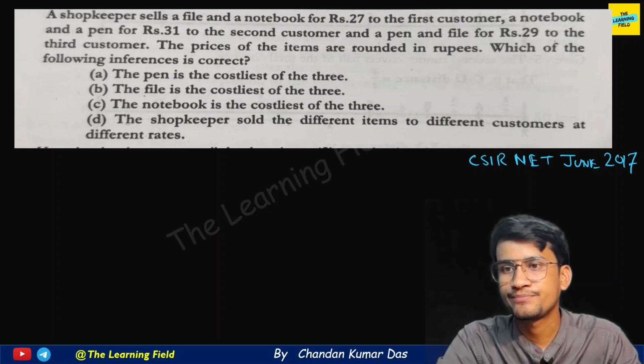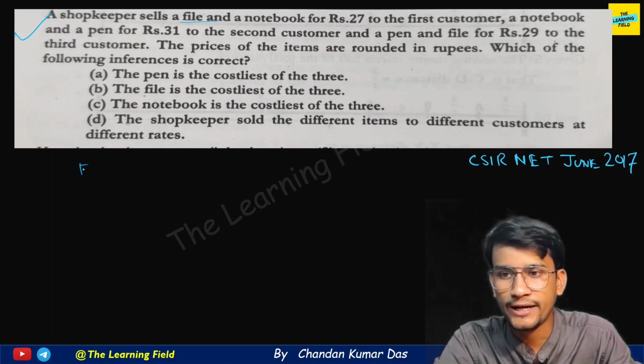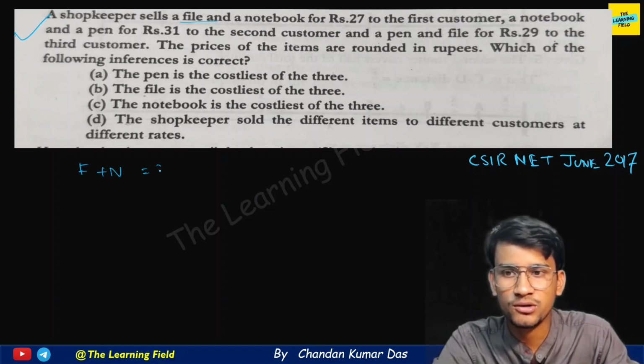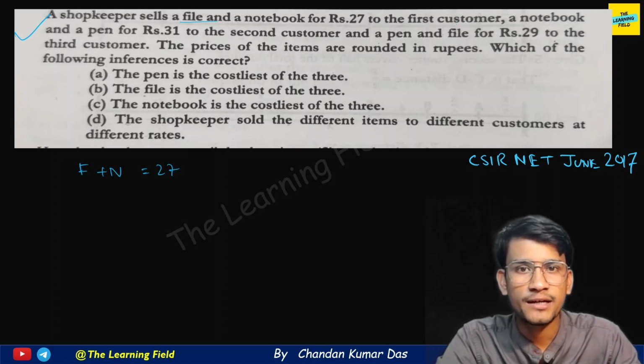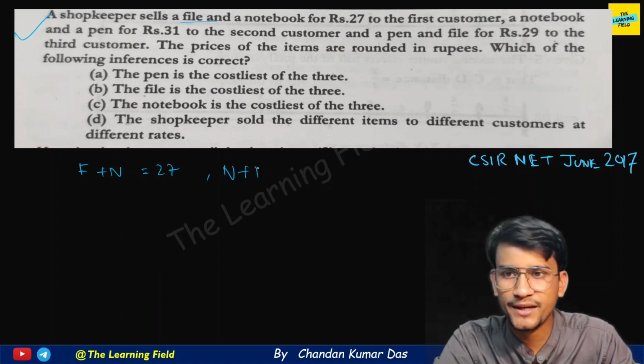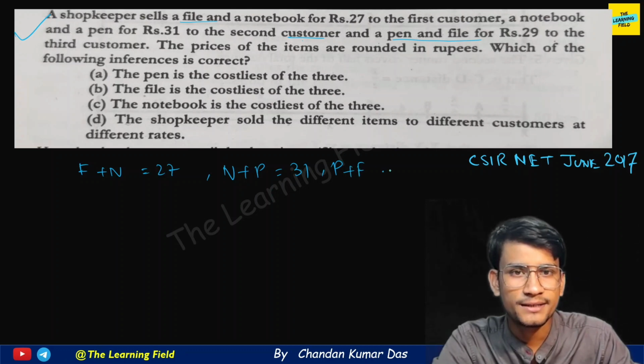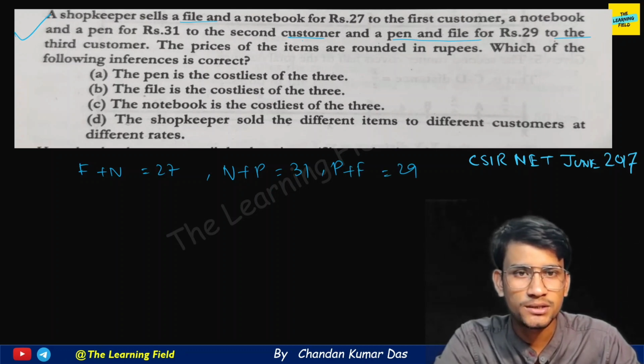It says that a shopkeeper sells a file and a notebook. So file plus notebook is equal to 27 rupees, and notebook plus pen, notebook plus pen is equal to 31 rupees to the second customer, and pen plus file is equal to 29 rupees to the third customer.